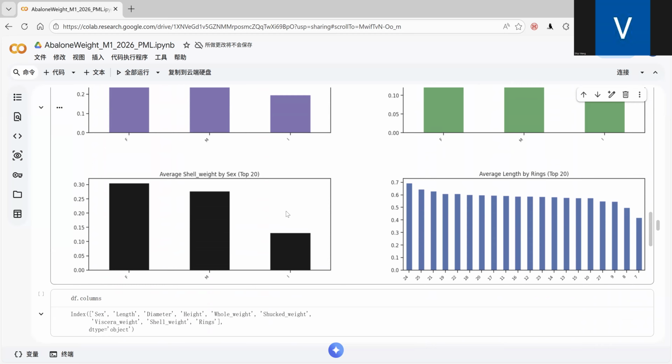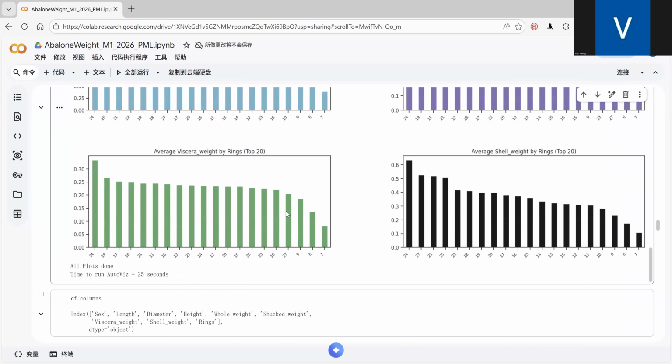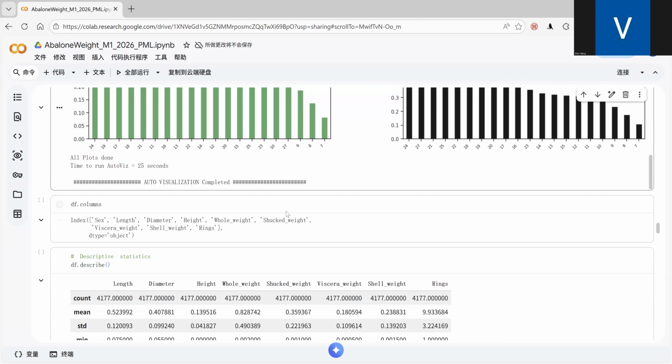Infants are smaller. Encoding captures this. The continuous variables increase roughly monotonically with rings, matching biology. Regression on rings is sensible.